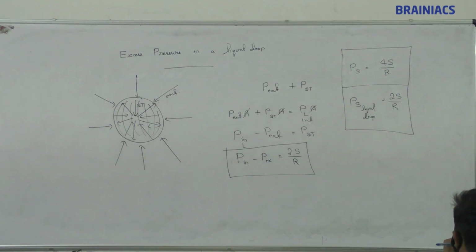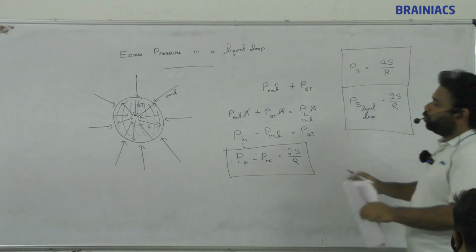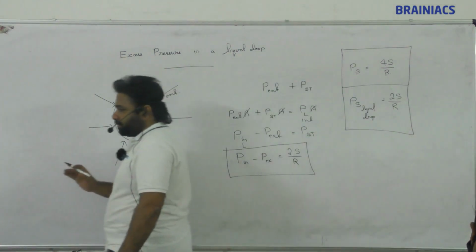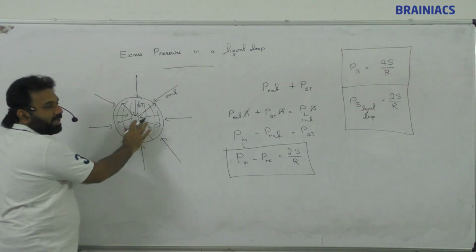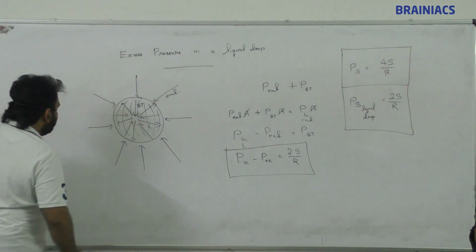So this is the excess pressure. 2S by R will be the excess pressure inside the liquid drop.